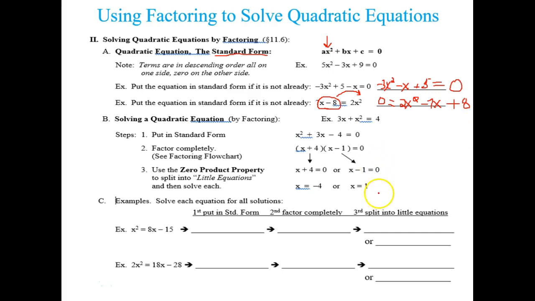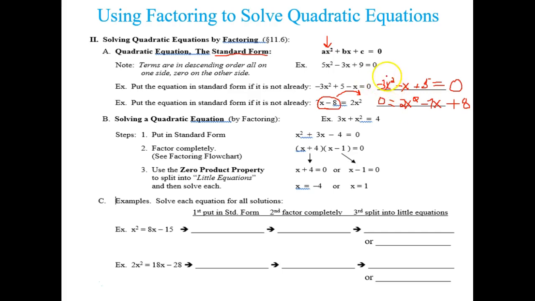And you might wonder, well, why did I move the 7x and the minus 8 over to the right side? Why didn't I move the 2x squared over to the left side? Well, actually, I don't like to have my leading term, my squared term, negative. I like to have it positive.